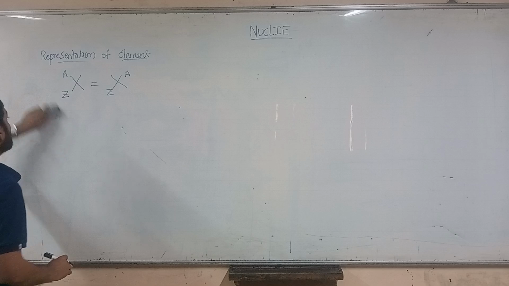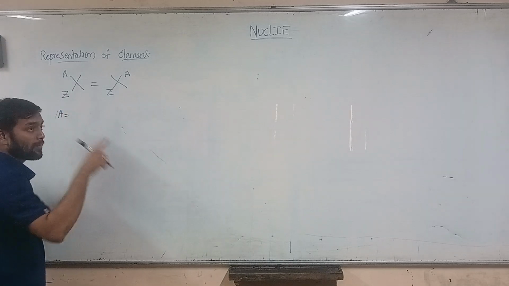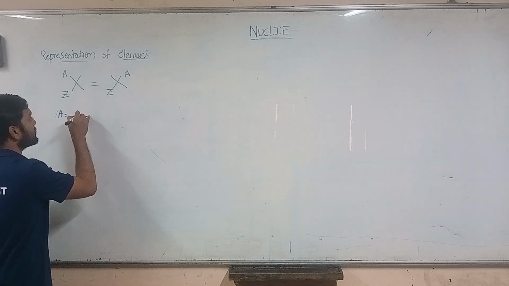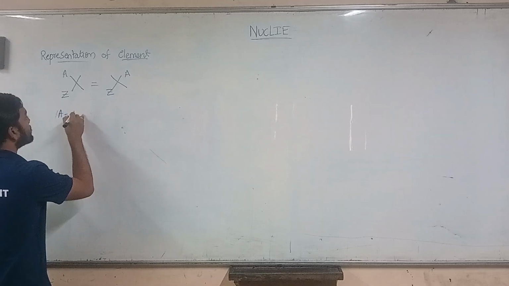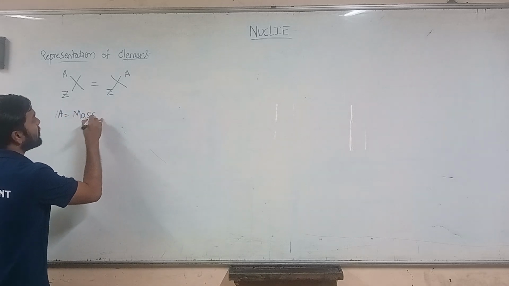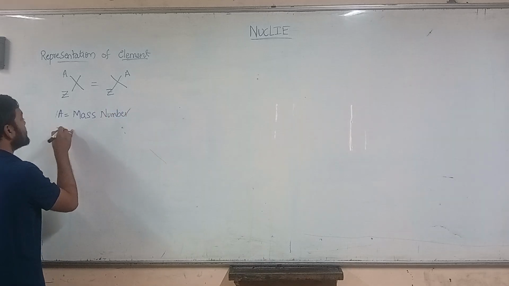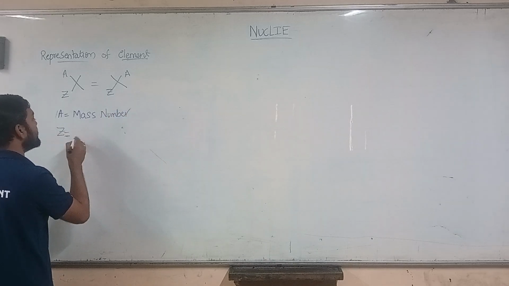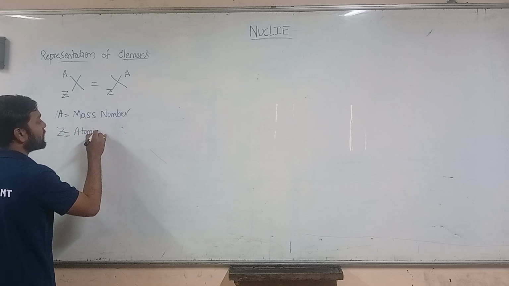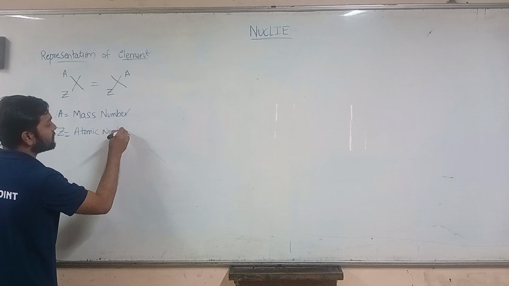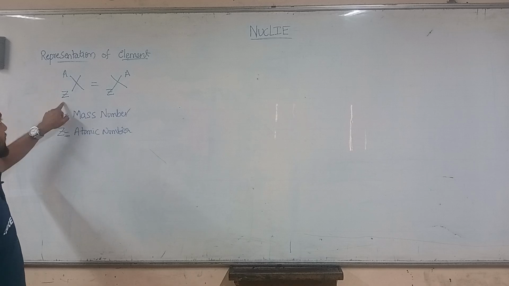So A is the mass number, or we can also directly write mass number, and Z is the atomic number. So here we have A, Z, X.